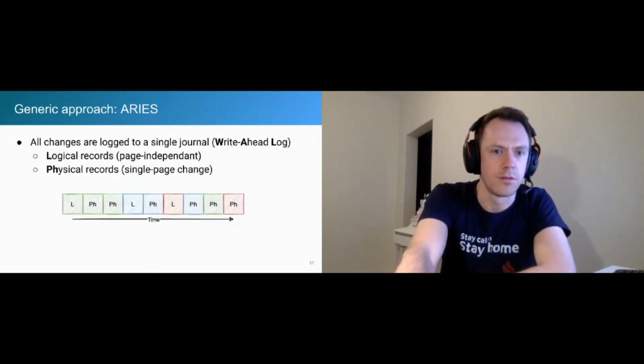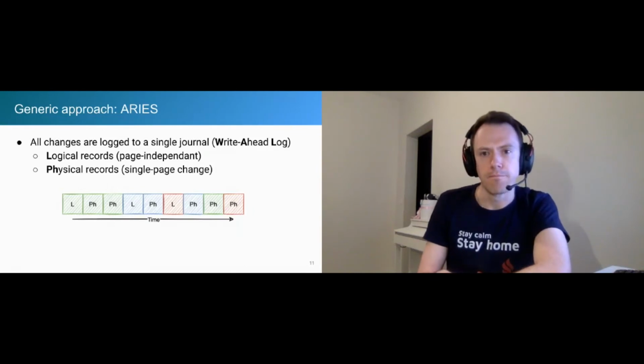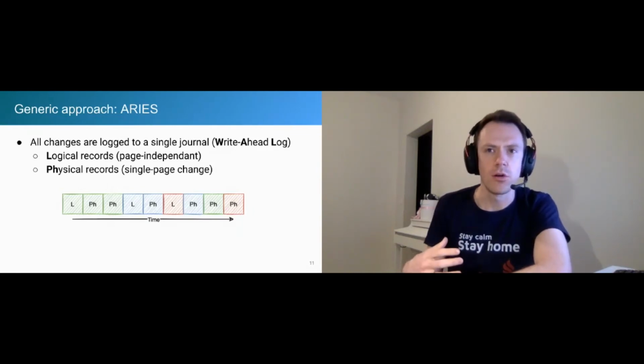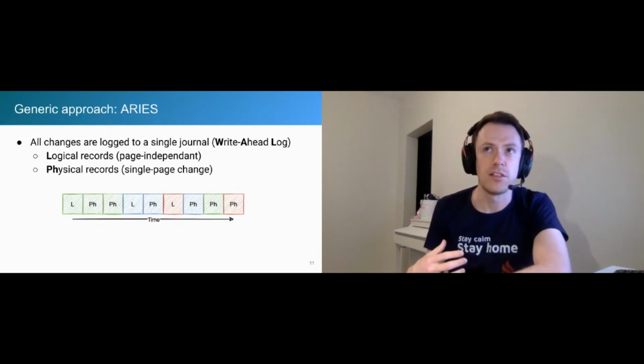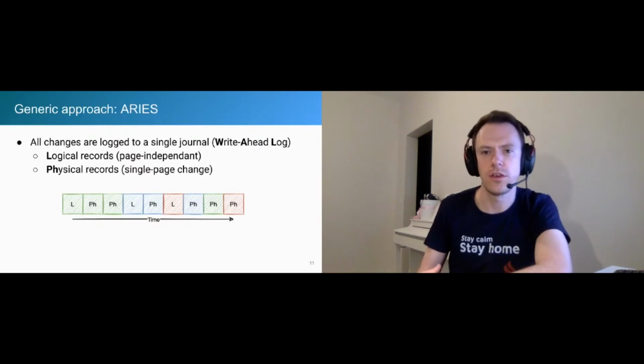And finally, one of the most important pieces of the ARIES architecture is the write-ahead log. It's important because it provides the ability to perform crash recovery. Essentially, the write-ahead log is an append-only file, or a set of files, which holds the information about the changes that were applied to the system.